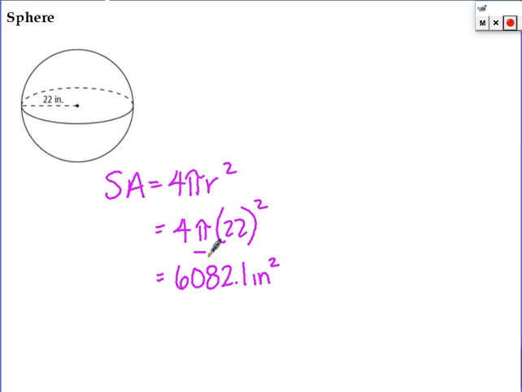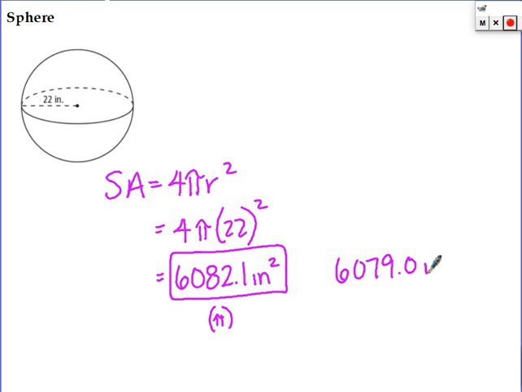And again, that's if we're using pi. If you use 3.14, you get something a little bit different. But either way, you would get the right answer. So you should be getting one of those two answers, depending on if you're using the pi button or 3.14.